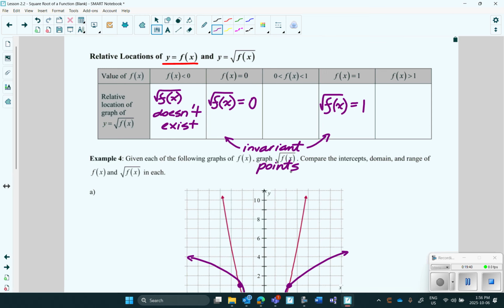And remember, between 0 and 1, it's greater, isn't it? And then it goes less. So between 0 and 1, the square root is greater than the original. That means it goes over top. And then once we move past 1, the square root gets smaller or is less than the original. Okay. I know there's one little section I missed, but I'll go backwards.